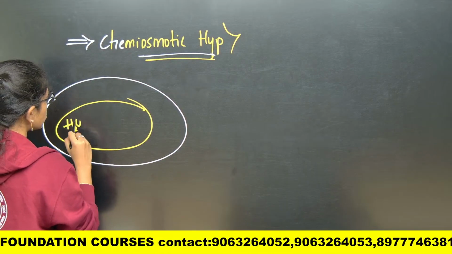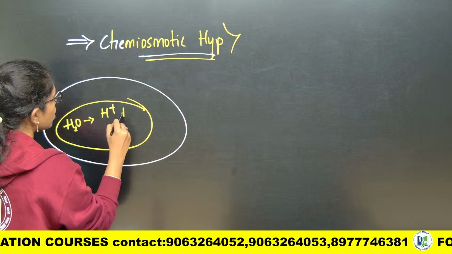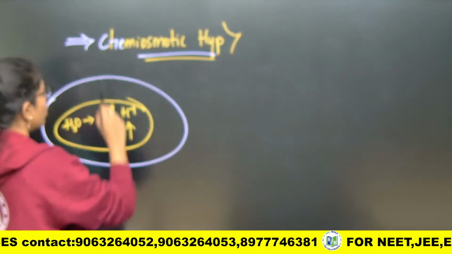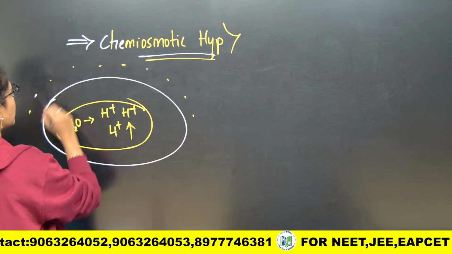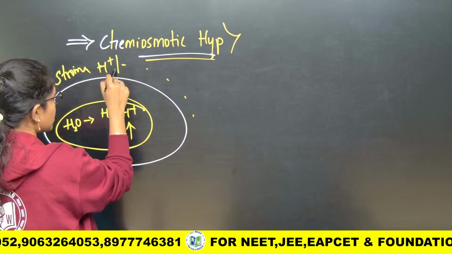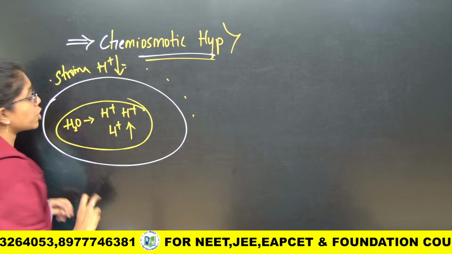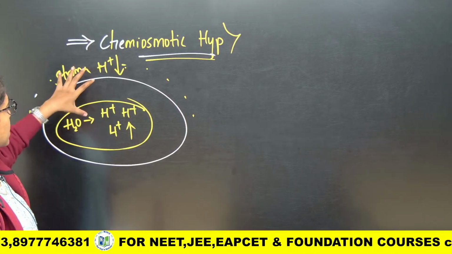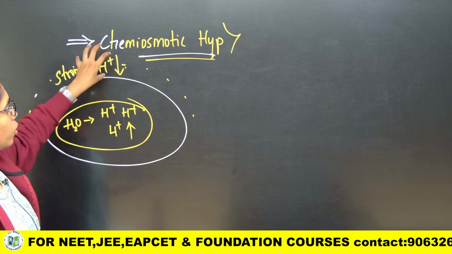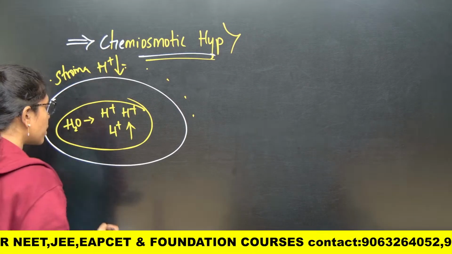Because of photolysis of water, more protons are present in the thylakoid lumen, whereas fewer protons are present in the stroma. In the stroma H+ are less, whereas in the thylakoid lumen H+ are more. As such, the proton gradient operates between the thylakoid lumen and stroma. What are the main reasons for this?